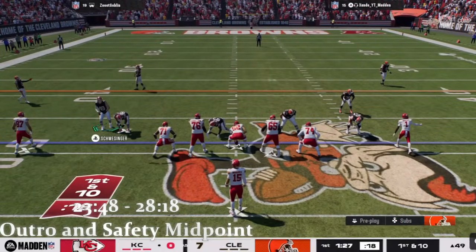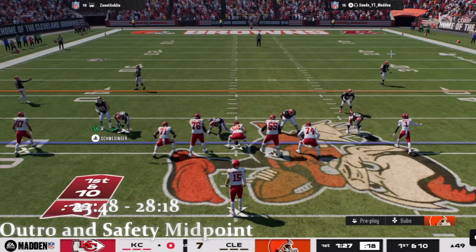But what I mean by alignment is because this safety, remember, he's in a 3-2 read. So he's reading the 3. If 3 is vertical, then he has to match that man to man. The issue is the alignment here can be taken advantage of, because he will have a greater advantage to the inside, being that this guy's playing outside.